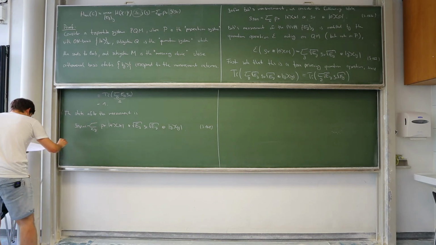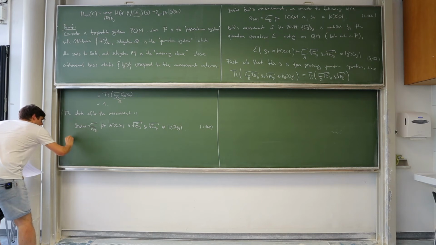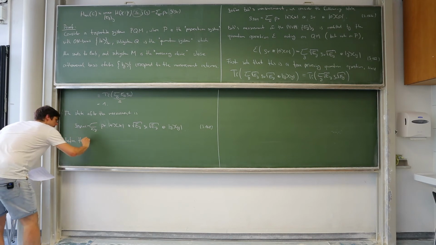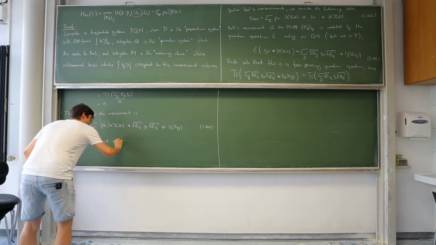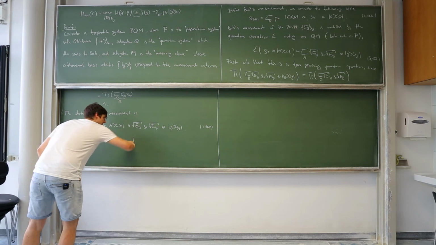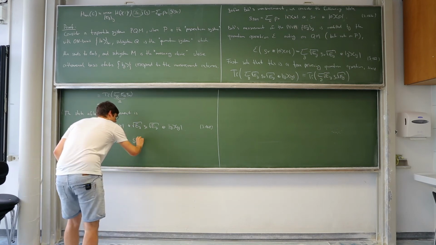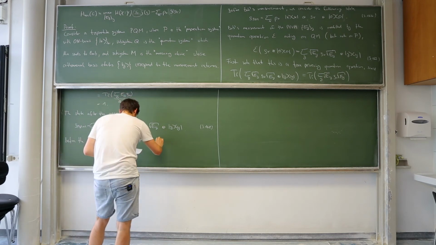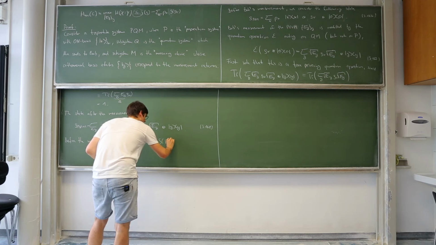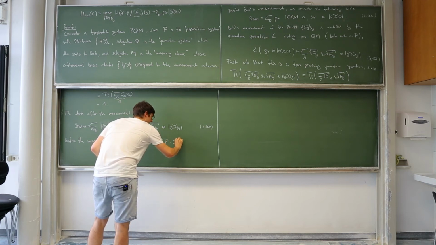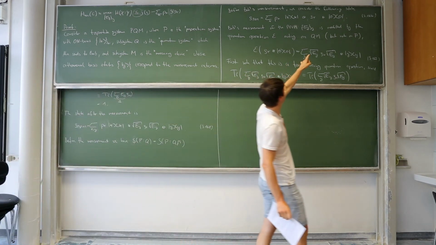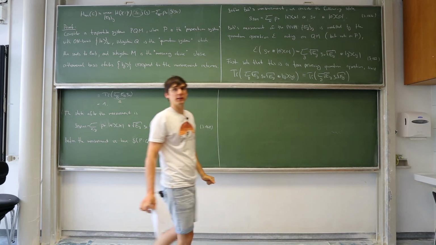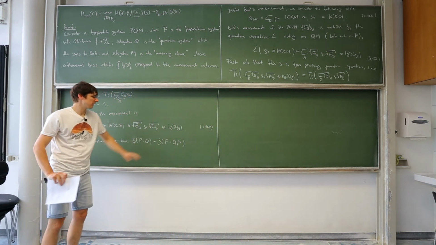Before the measurement, we have that the mutual information between P and Q is equal to the mutual information between P and Q and M, because this subsystem M is uncorrelated to P and uncorrelated to Q. Okay, so we can write it in this form.